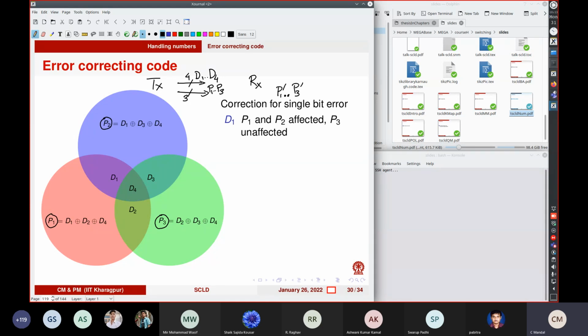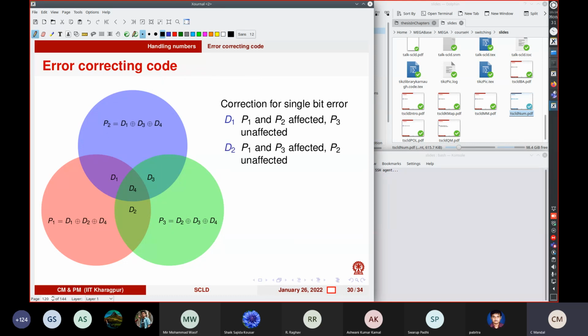What you would expect is a change in P1 and P2. The received values of P1 and P2 will differ from the computed values of P1 and P2.